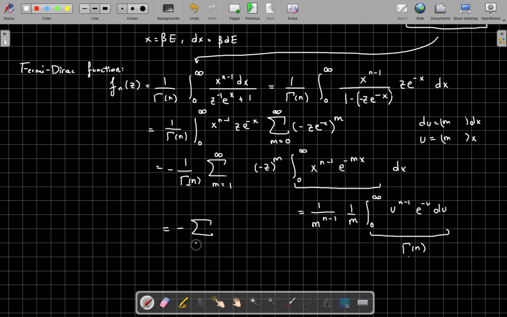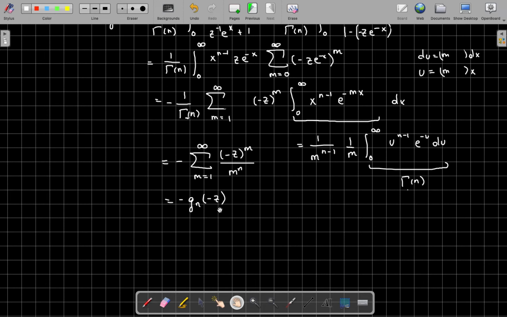This is equal to minus sum from 1 to infinity of minus z to the power of m over m to the n, and lo and behold, this is just minus gn of minus z. Okay, so we can get the Fermi-Dirac functions from the so-called Bose-Einstein functions. They are related like this. Okay.